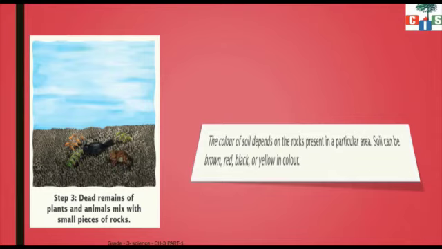Area wise, the color of the soil is different. The soil can be of brown color, red color, black color, or yellow color. So according to the area, the color of the soil also changes.